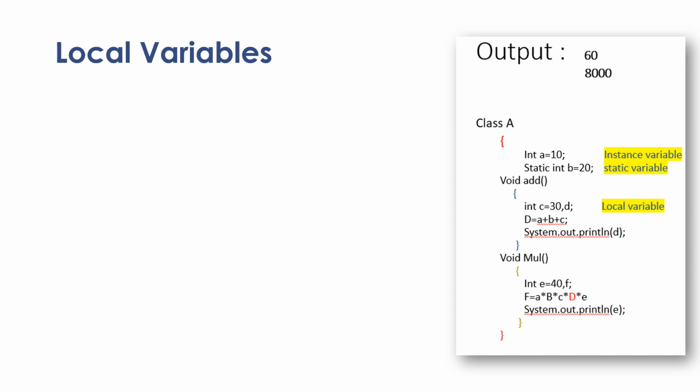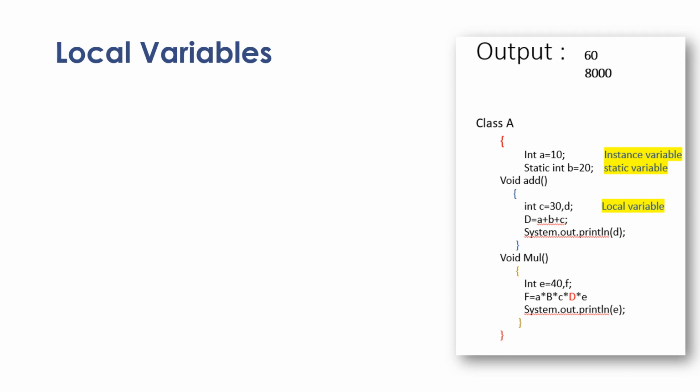So void multiple, we have given one more method. This method is used for multiplication, and int e is equal to 40. We have given an int e variable storing the value 40, and for f we haven't given any value. So f is equal to a * b * c * d * e.